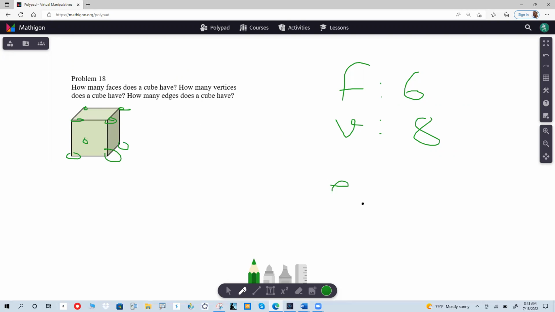How many edges? Edges are going to be 12. 4 on the ceiling, 4 on the floor, and 4, I said, between the walls. Okay, it's a piece of information that comes in very handy when you're solving some geometry problems. So that was number 18.